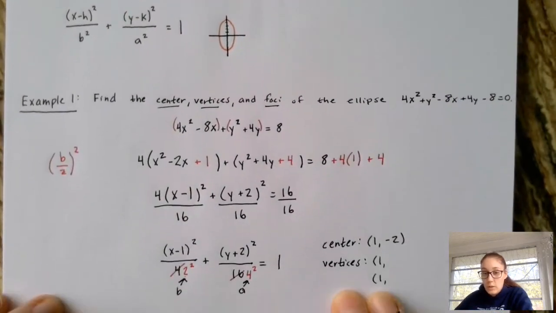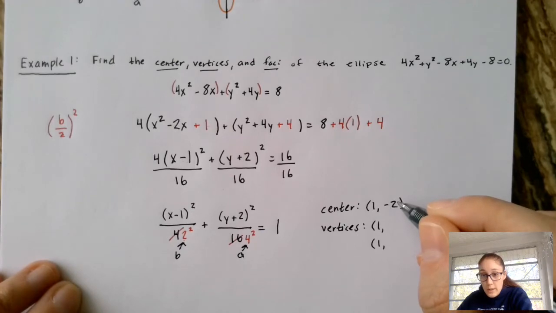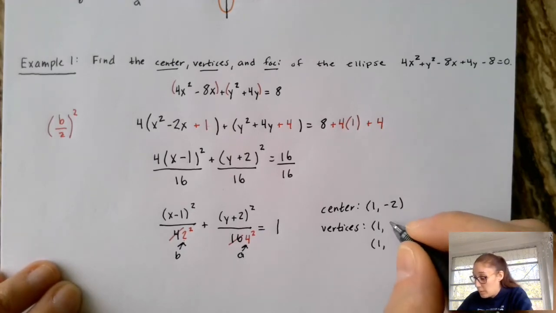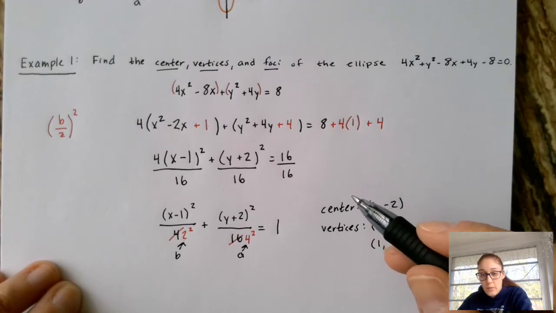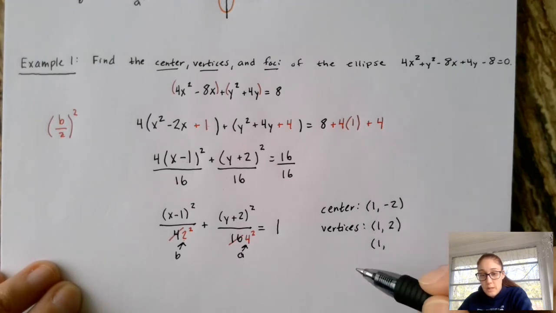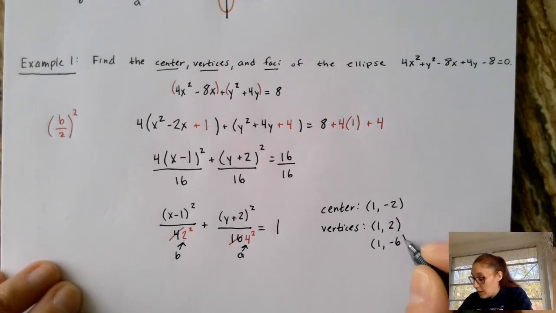Alright, so I know that A is 4, so I'm going to add 4 to my y value. Negative 2 plus 4 is positive 2. So I just went up, but I need to find my other vertex, which from the center would be down 4 units. So negative 2 minus 4 is negative 6. So those are the two vertices.